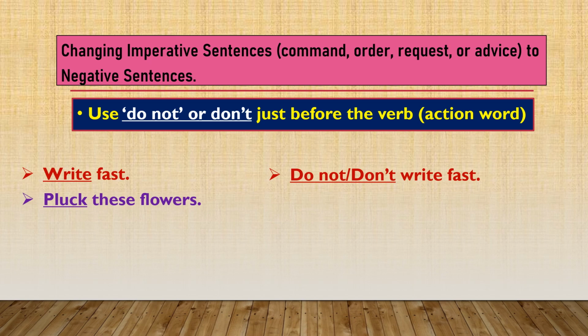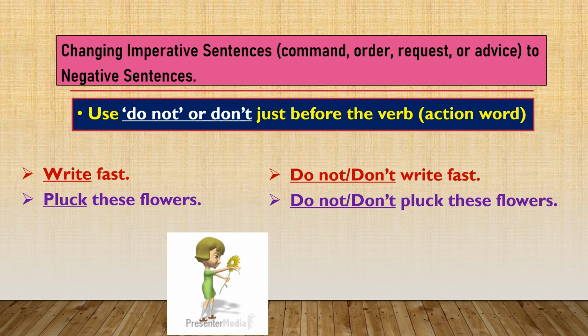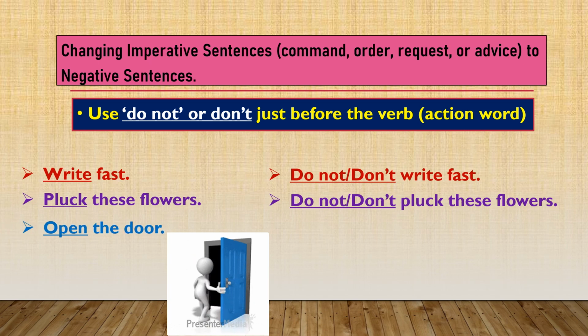Let us take another example. Pluck these flowers. What is the verb here? Pluck. We will use do not right before pluck and our sentence will become negative. Pluck these flowers will become do not pluck these flowers or don't pluck these flowers.